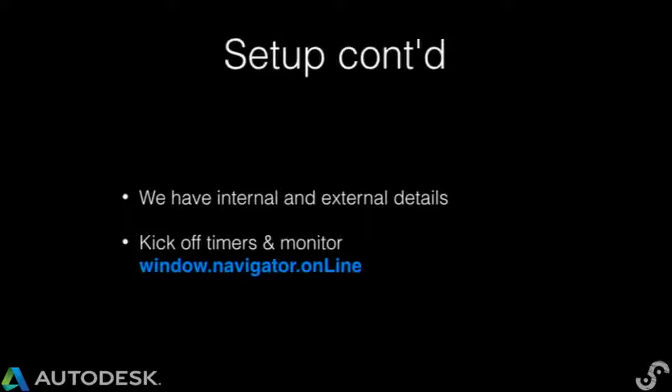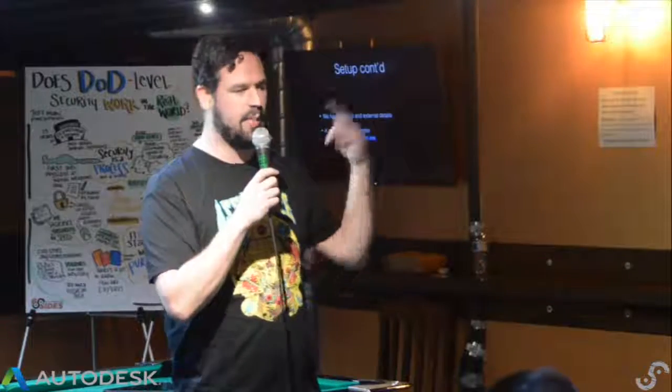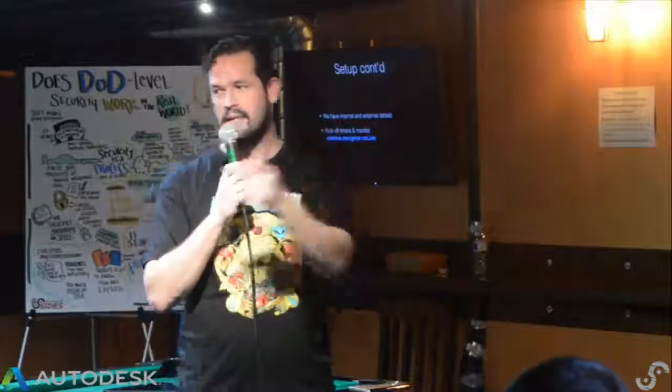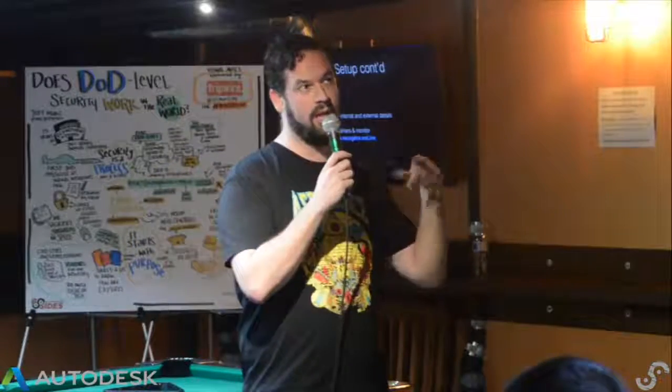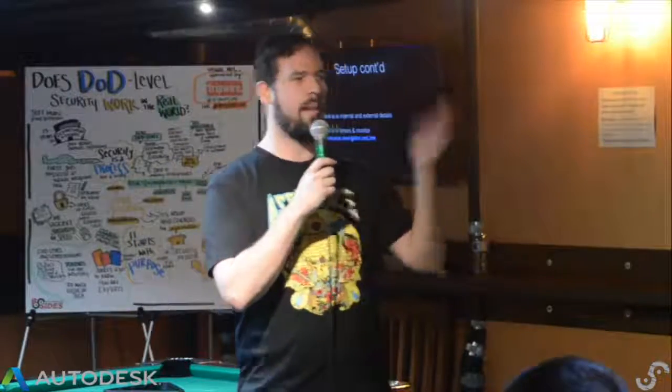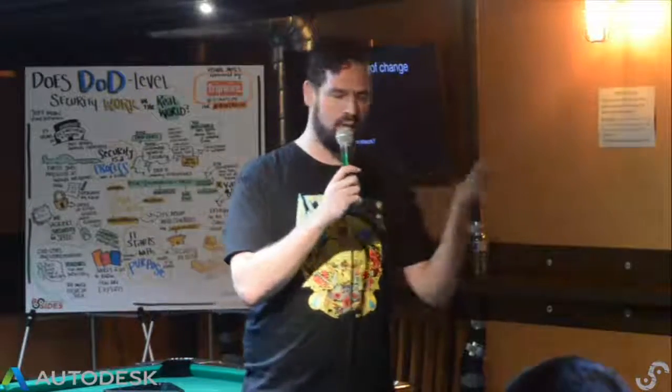So once we have the internal and external details of the browser, we kick off some timers and some event handling logic. So we basically go, okay, every 5 seconds, am I on a different network? Or has the window.navigator.online status changed? Am I online? Am I offline? And once I've detected that we have changed network, we go, are we back online or are we offline?